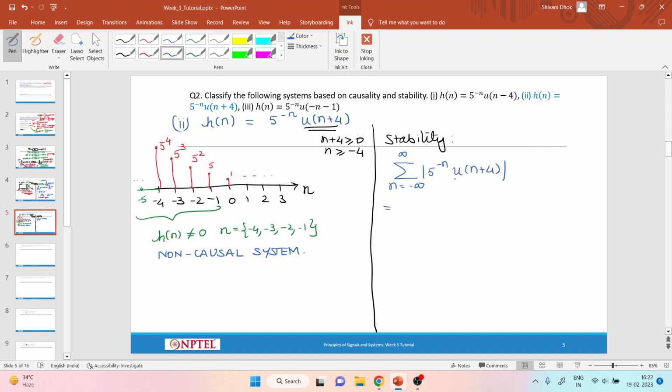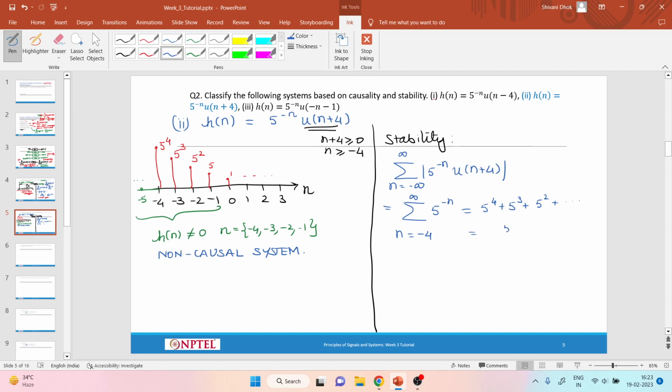Since this is non-zero from n equal to minus 4, I can safely write it as n equal to minus 4 to infinity. And this 5 power minus n is a positive quantity, so I can write it as 5 power minus n. And this is again an infinite geometric progression, which is something like this: 5 power 4 plus 5 cube plus 5 square and so on.